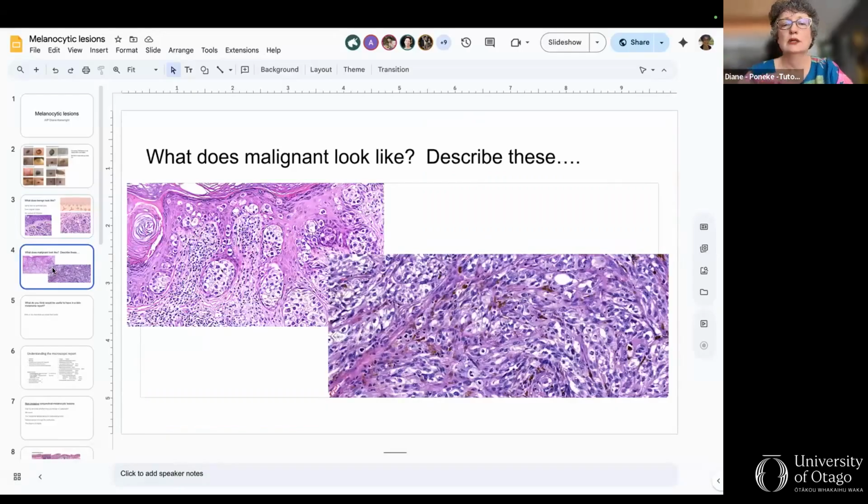So what does malignant look like? We're in the chat again, please. I want you to tell me a key diagnostic feature in this slide that tells me that this is malignant. Off we go in the chat. I'm going to give you 10 seconds and count you down.